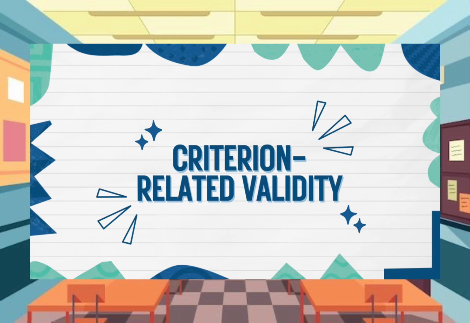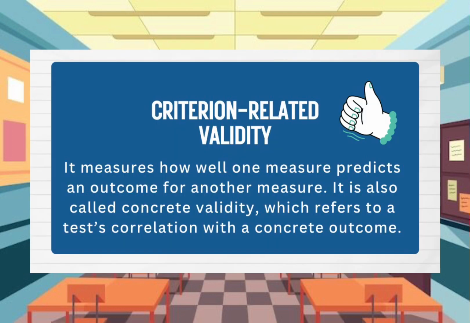The second type of validity is criterion-related validity. There are 2 types of criterion-related validity, but let me first define what criterion-related validity is. Criterion-related validity measures how well one measure predicts an outcome for another measure.